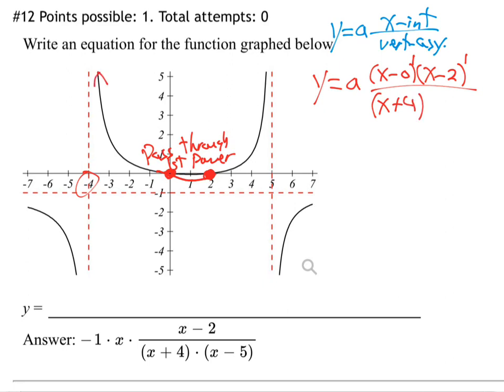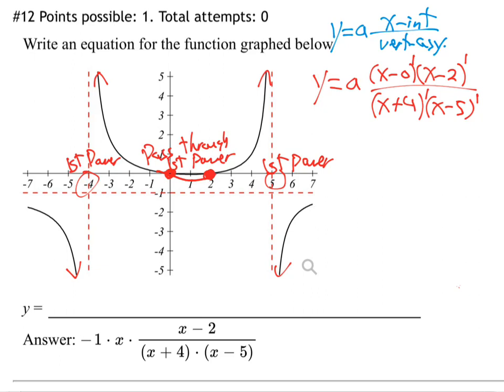This goes up on one side, down on the other, so that's first power. And then at -5, it goes up on one side, down on the other, so that's first power also, right? It's only when they're both going up or both going down, like a U shape, that you do second power. All right, so now we just need to find a.